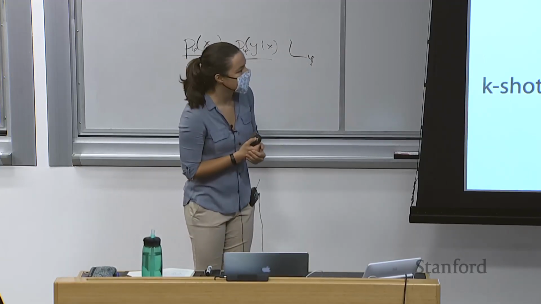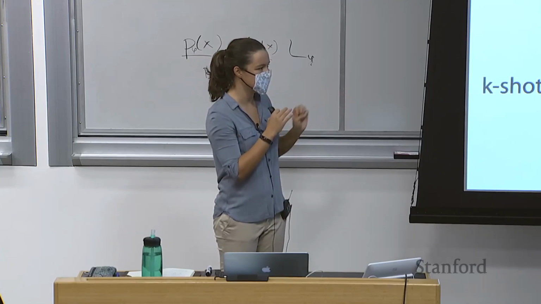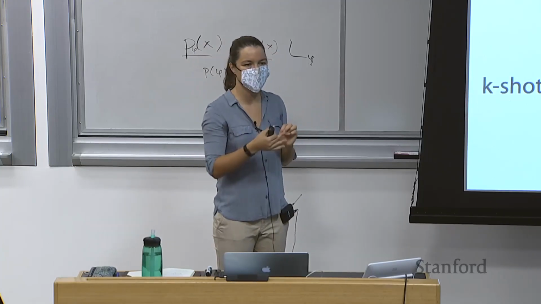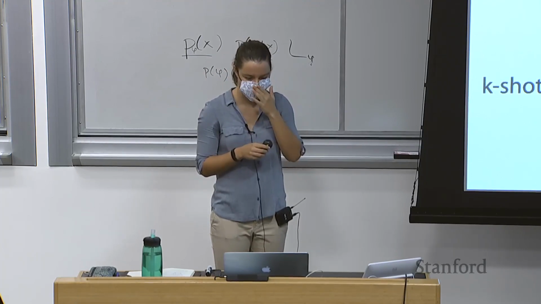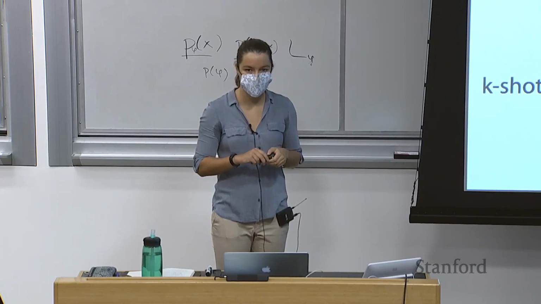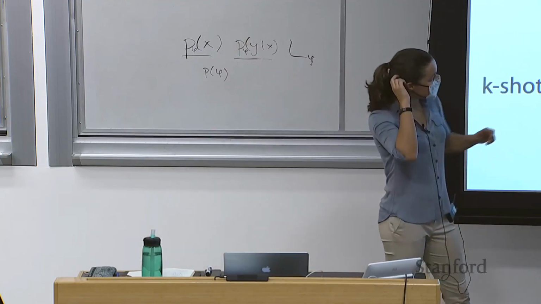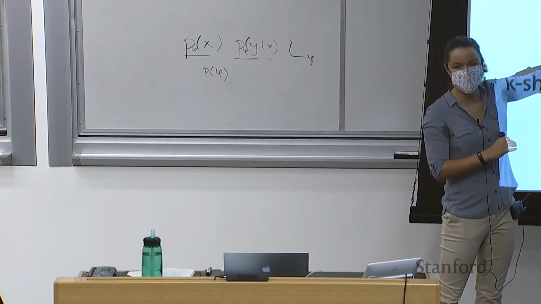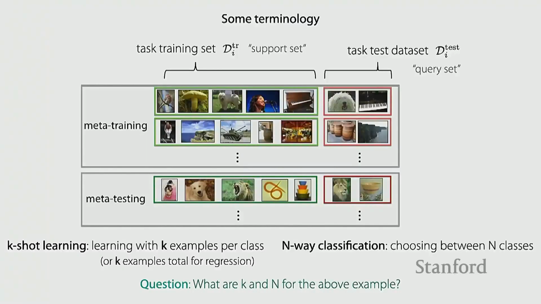Okay. So this is the notation and terminology that we'll be using throughout the next several lectures, including in the homework. Yeah, so essentially what we're going to be trying to do is learn from the training data sets in a way that generalizes.